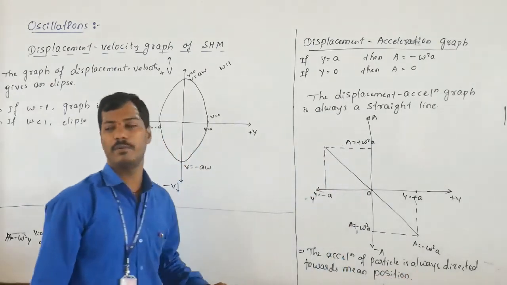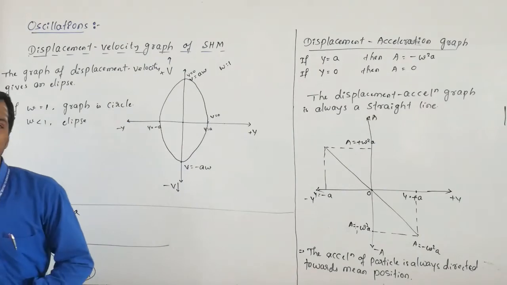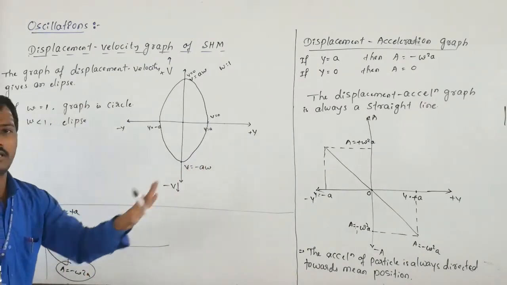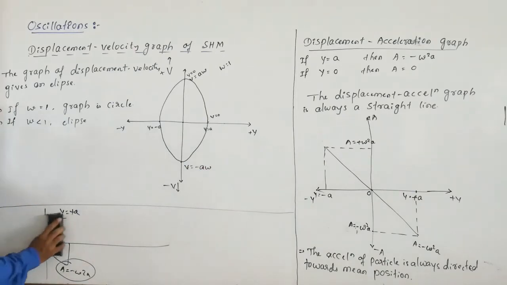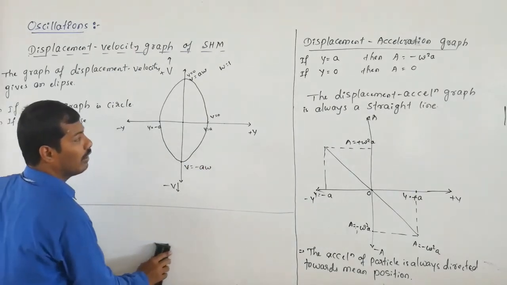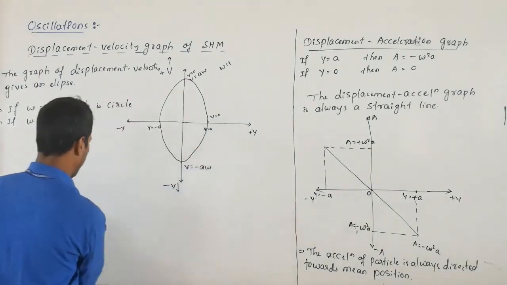Always the acceleration of the particle is always directed towards the mean position of the particle. Using this one, we will draw like that. But the displacement acceleration graph is always a straight line here.